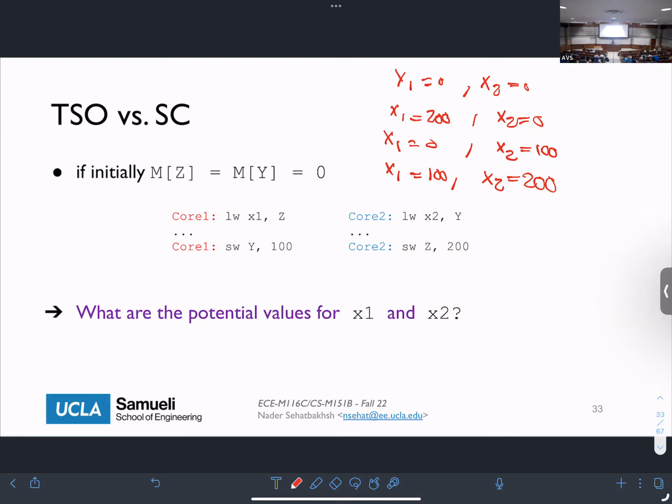We are guaranteed that what sequential consistency gives you is that loads should happen before stores in each core, right? So what sequential consistency will eliminate is that this cannot happen before this, and this cannot happen before this. But remember that the timing issue is not fixed by either sequential consistency or TSO.